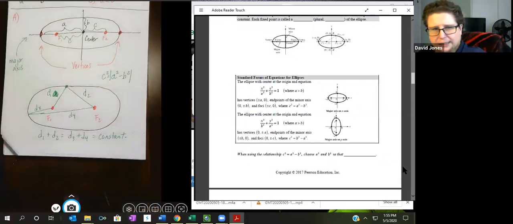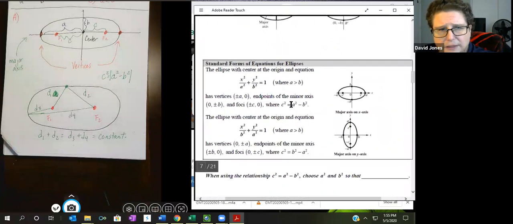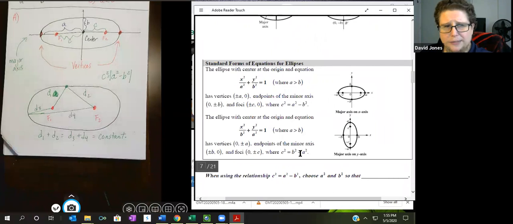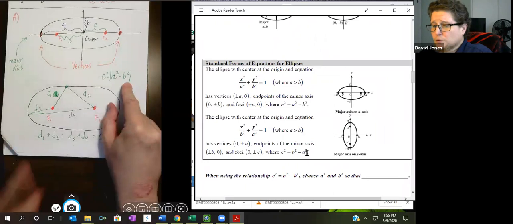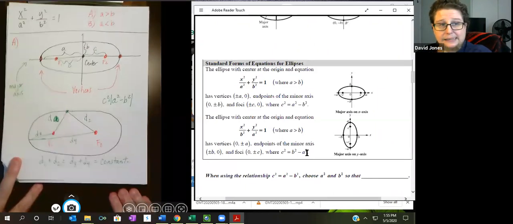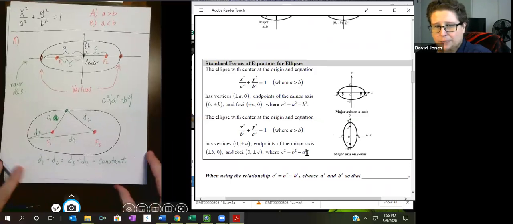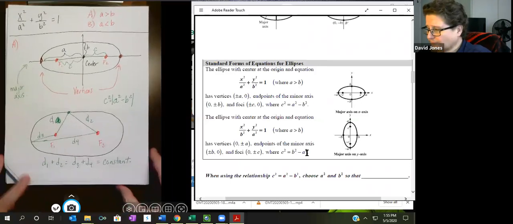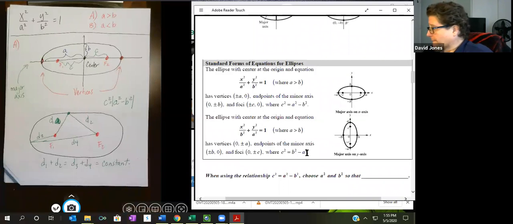You'll notice that looks a little bit different than what they have here. They do a squared minus b squared or b squared minus a squared. If you just make it the absolute value of a squared minus b squared, we don't have to change the letters around and everything looks great. Not having to change the letters around is much better. So if you see them use it in the book, know that that's what they're doing.